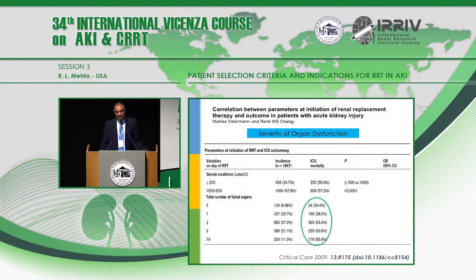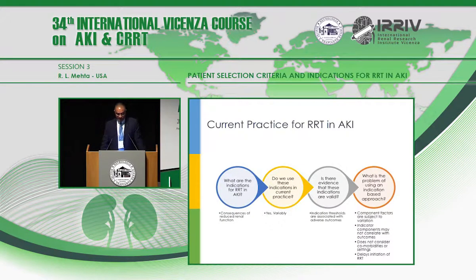Now, our traditional indications for RRT do not take into account the underlying severity of illness and do not take into account the number of other organs failing. Because we are quite focused on saying dialysis is for the kidney without necessarily thinking that dialysis is for all the organs. And therefore, that becomes an element that we are missing out in our indication-based approaches, as you can see the incremental risk for increased organ failure itself.